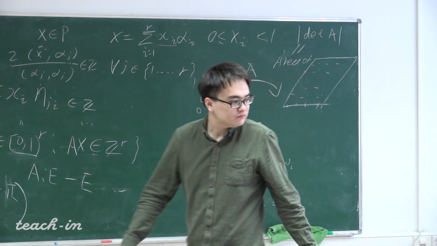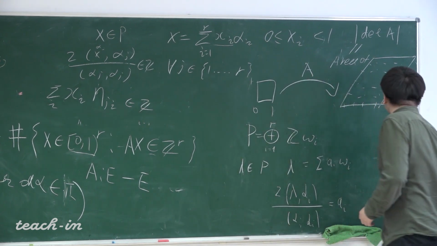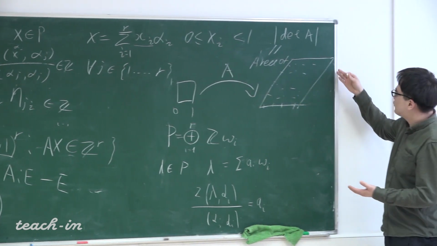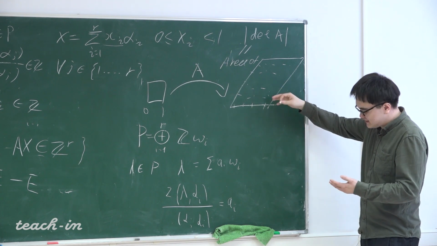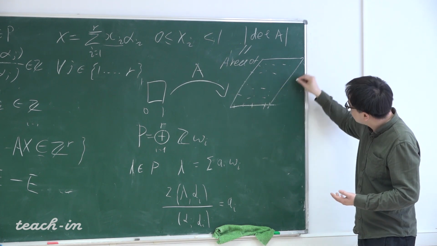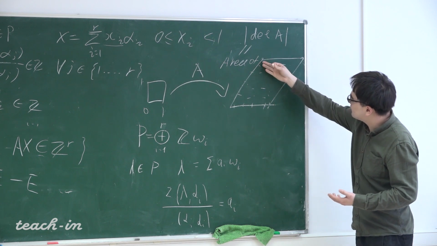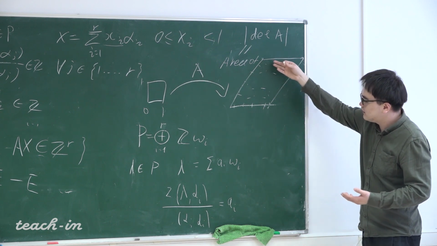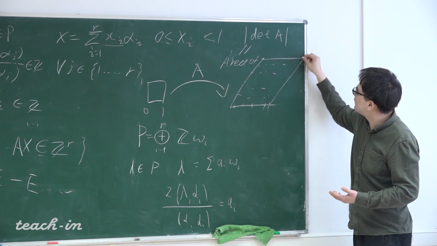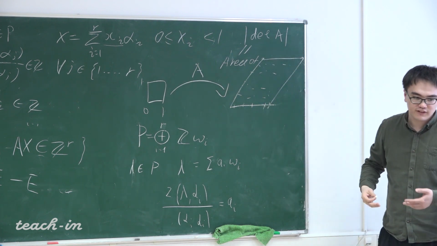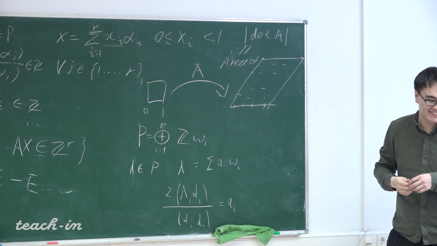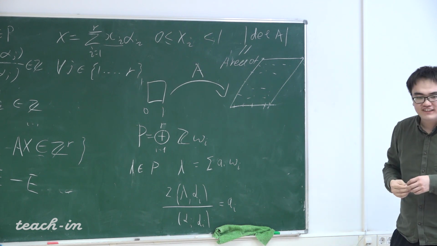Still, I need to mention something: in order to use this geometry theorem, we must check that all these points are also in the lattice, and actually we have done it.